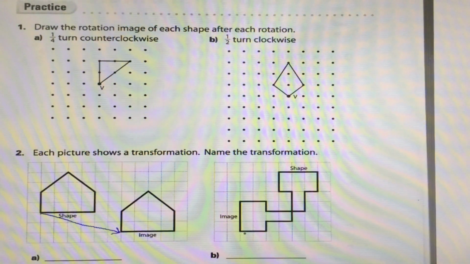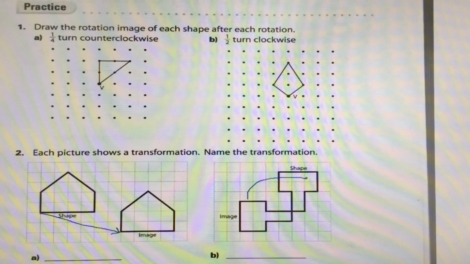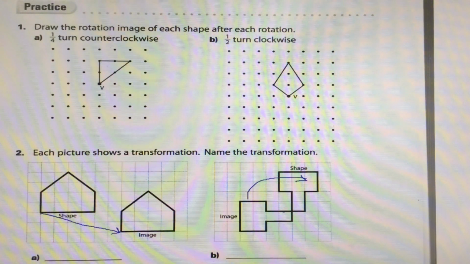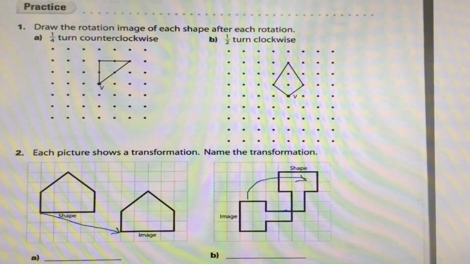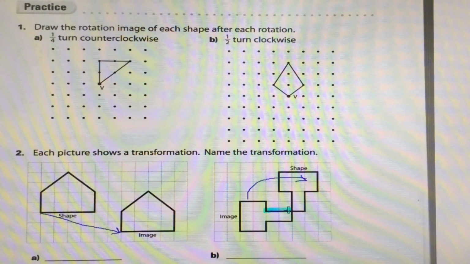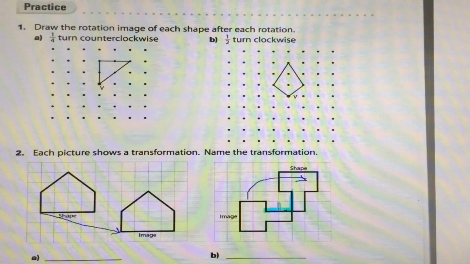On this one here, this whole image has rotated this way. So it's rotated 90 degrees, and we can tell it's 90 degrees because this line here has rotated around to become up here. So that is a 90-degree angle. So this becomes a rotation.